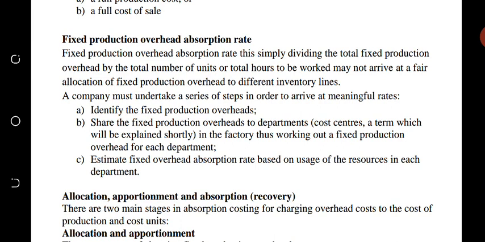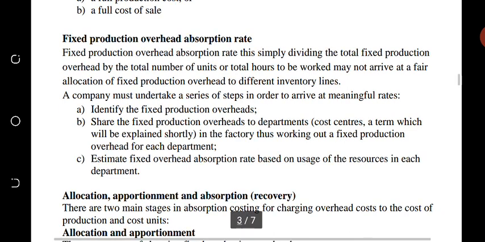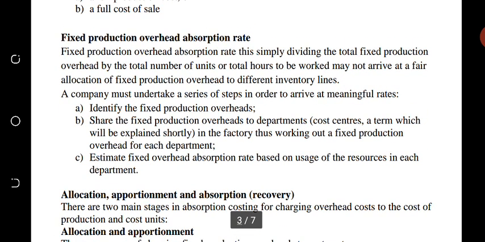When we divide the budgeted fixed production overhead over the budgeted total activity level, we will have this fixed production absorption rate. Dividing by the total number of units or total hours to be worked may not arrive at a fair allocation of fixed production overhead to different inventory lines.